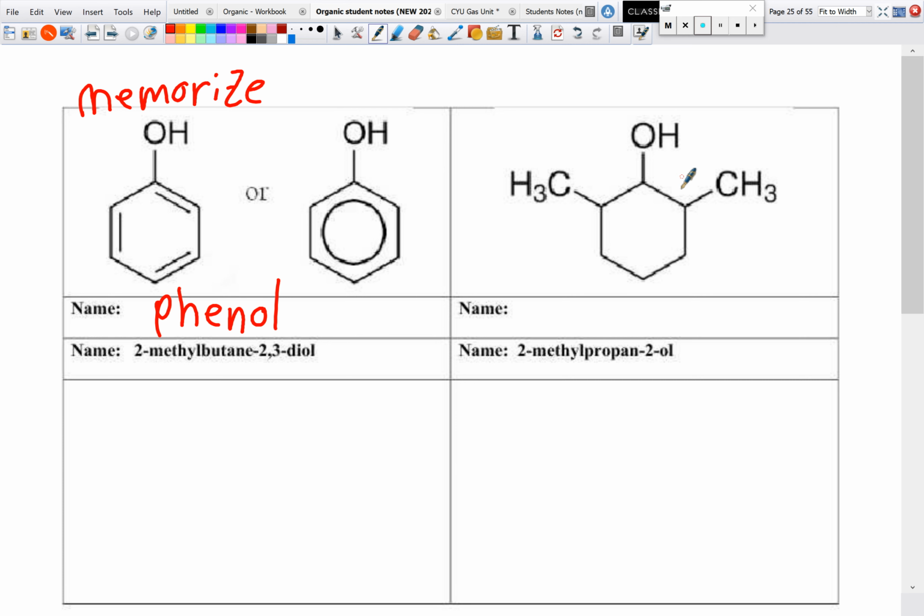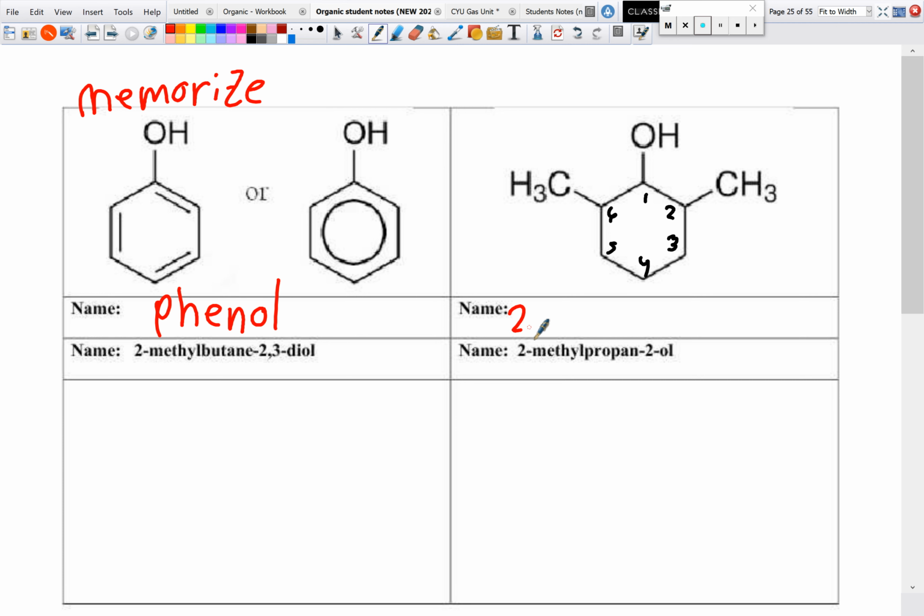Now for this one right here, so it is another cyclic alkane one. Pause the video and give this one a try, because I'm going to put the answer up right now. So we are going to use the same rule where carbon 1 needs to go on the hydroxyl group, and then we're going to start labeling them going around to try to get our branches off the lowest numbers possible. So it has to look like that, where we only have 2 methyl branches, and they are on carbons 2 and 6.